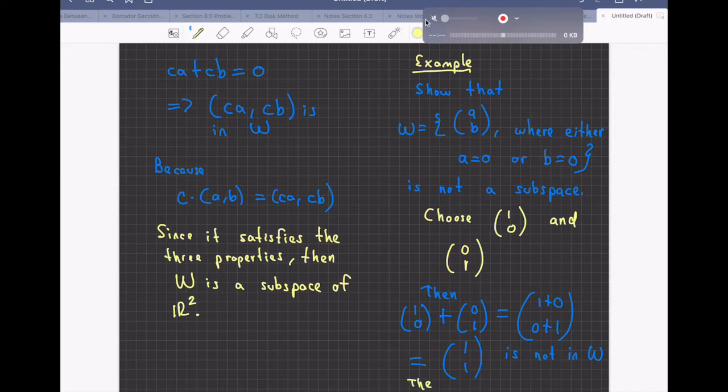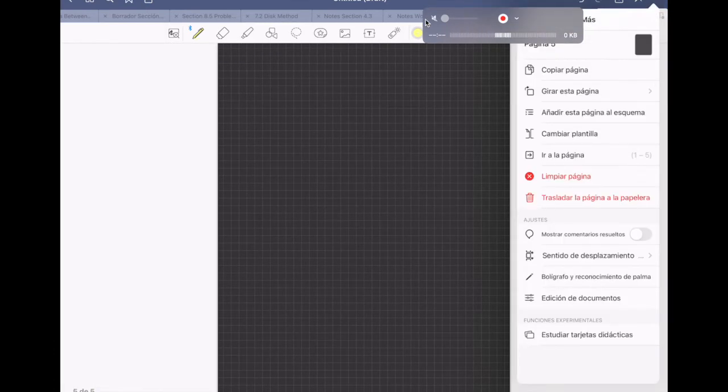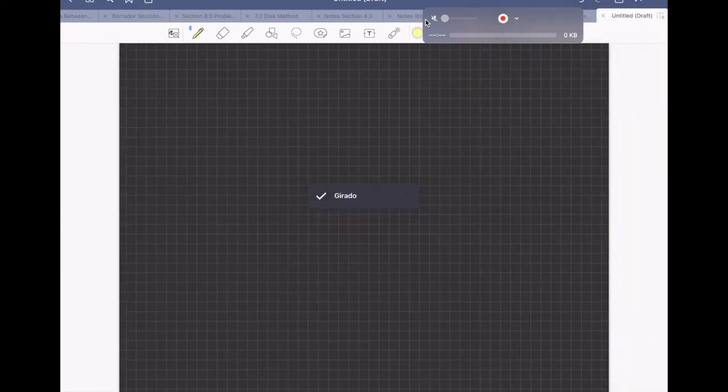Then W is not closed under the sum. So then W is not a subspace.